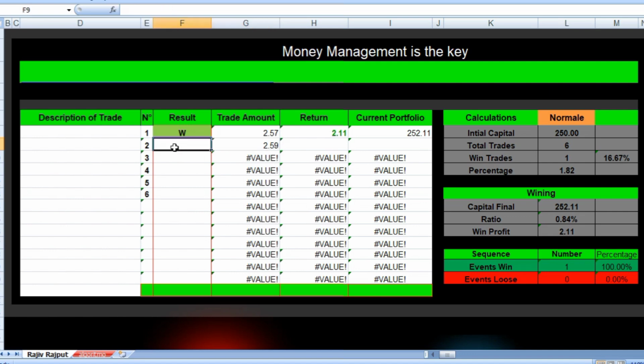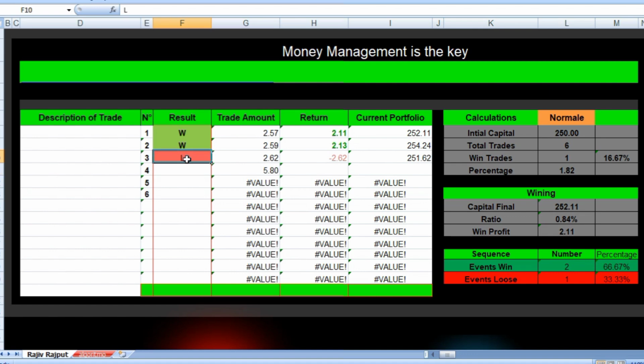Let's suppose if you win once again, then here is another trade amount, and as you can see there is a little bit of difference in these amounts. But guys, the main thing is what will happen when you lose the trade. So just fill the capital L and press the enter key.